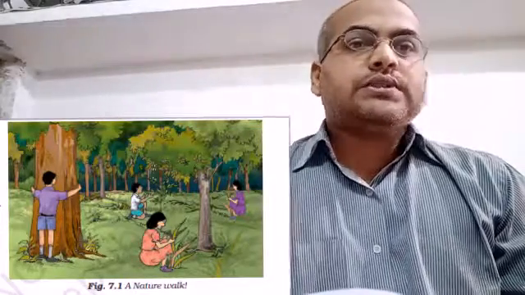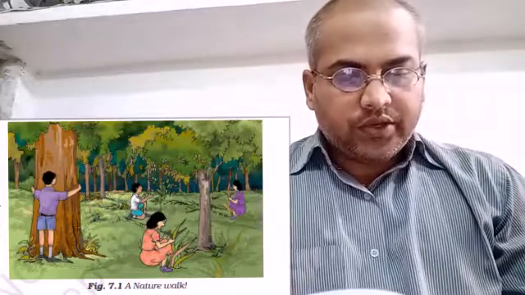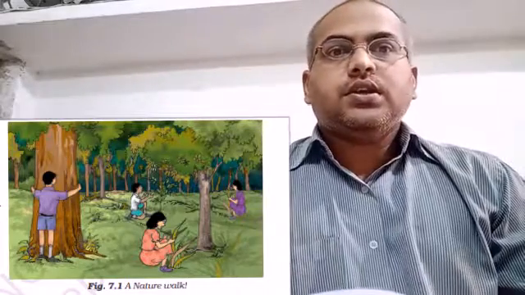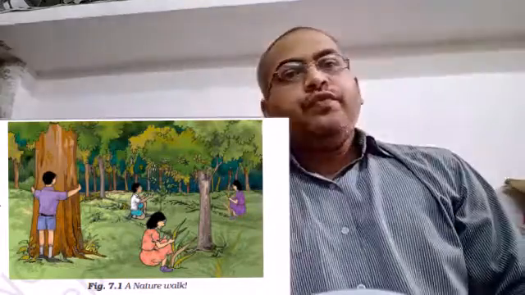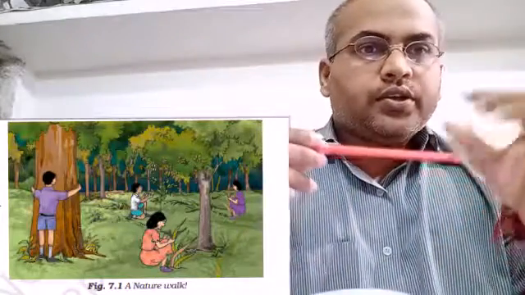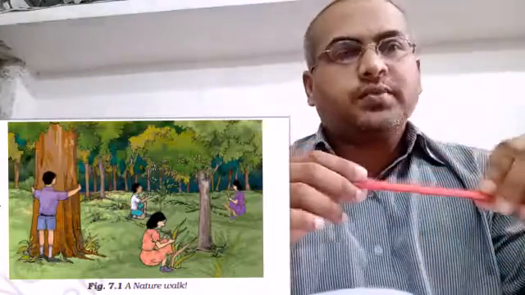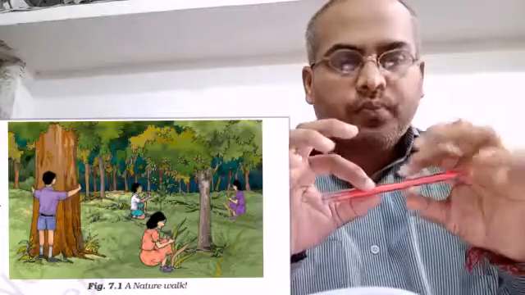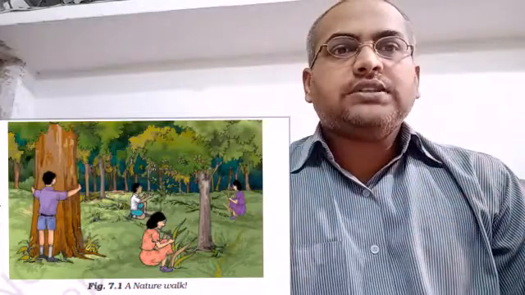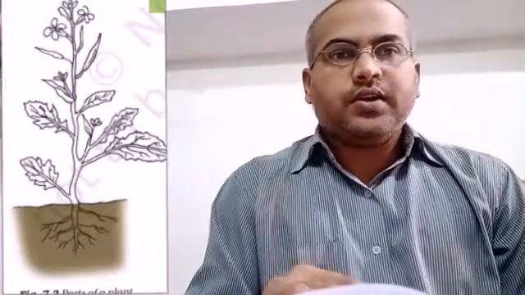Now today we are going to discuss the stem of a plant. If we observe the stem of a plant, you will observe there are some points in the stem from which branches and leaves are coming out.